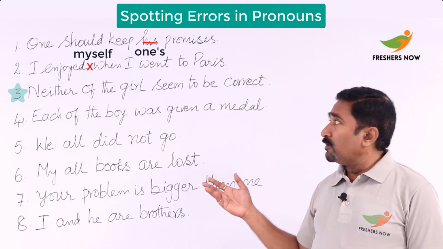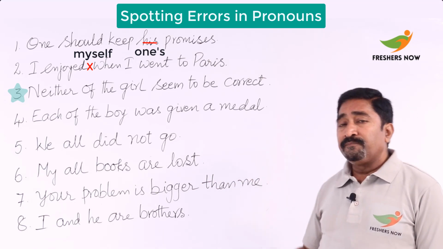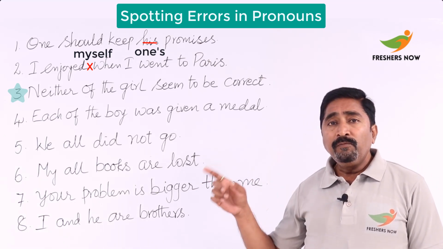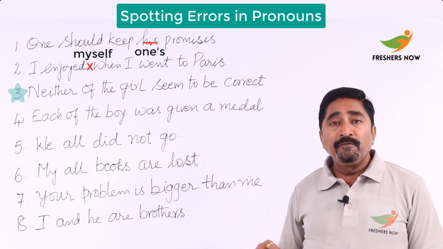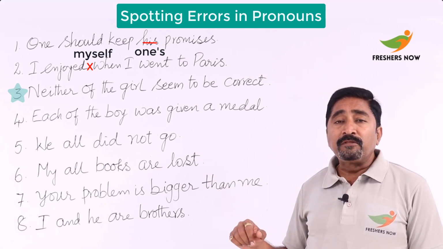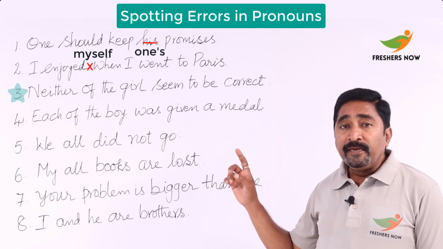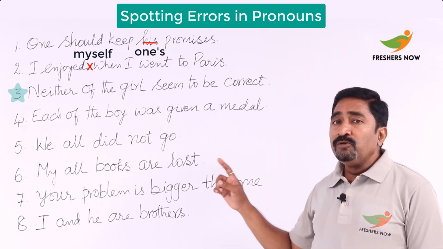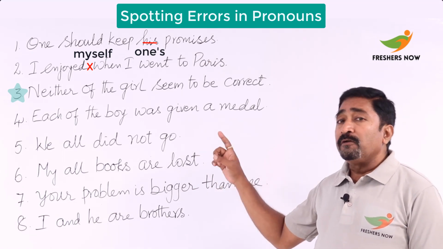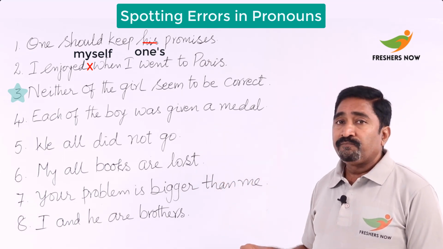Neither of the girl seem to be corrupt. Now whenever we use each of, either of, neither of, we should be careful with the pronouns or the nouns used. They should be plural. But here you see "neither of the girl". It should be neither of the girls.